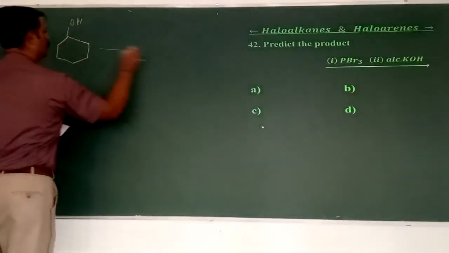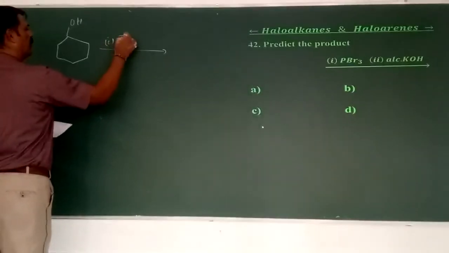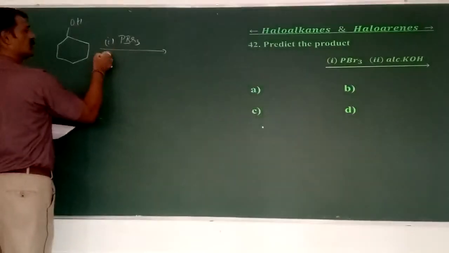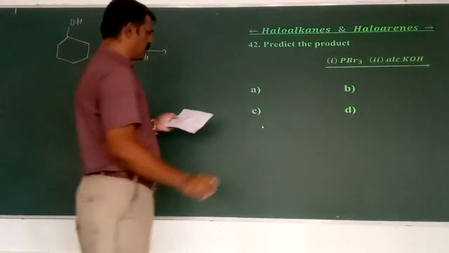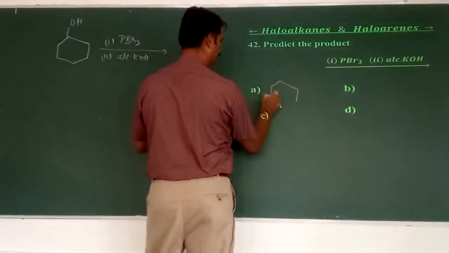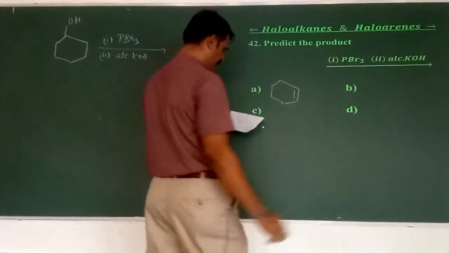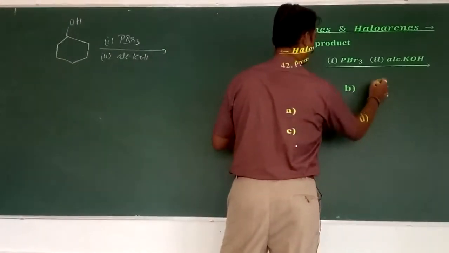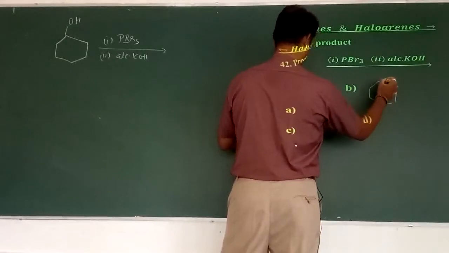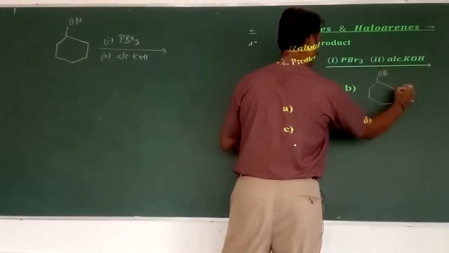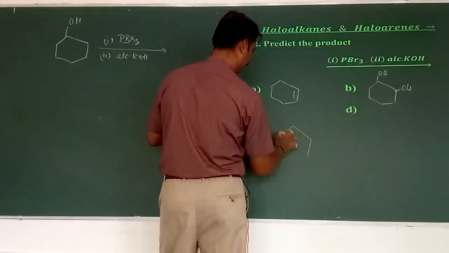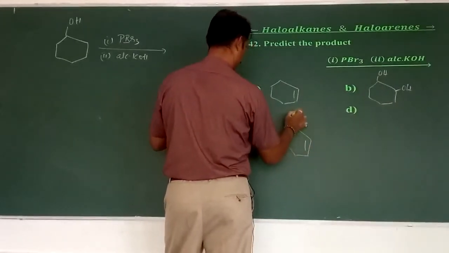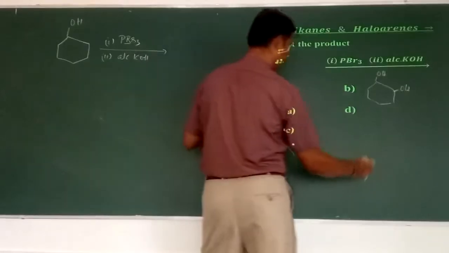ROH reacts first with PBr3, and the second one is alcoholic KOH. I will write the products related to that. The product A is this one, B is ROH, then C is OH here, R.